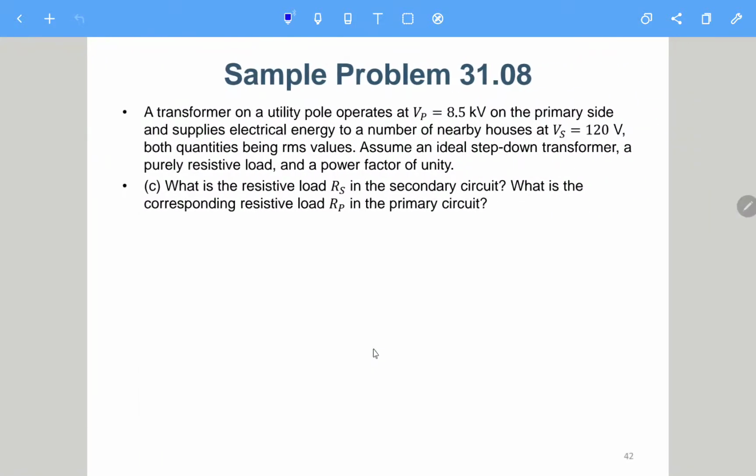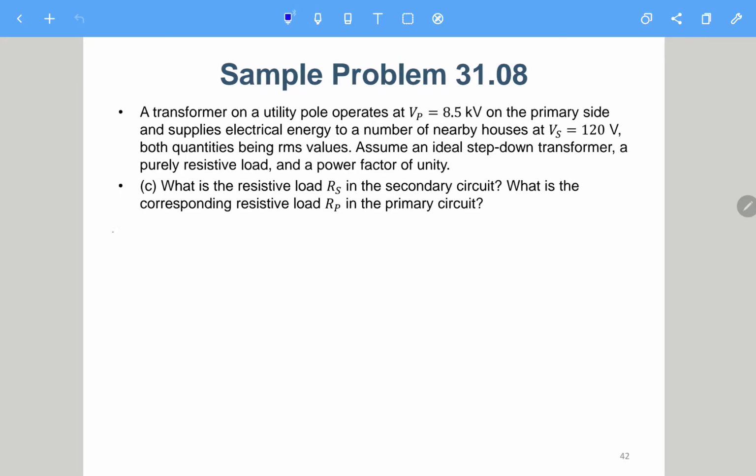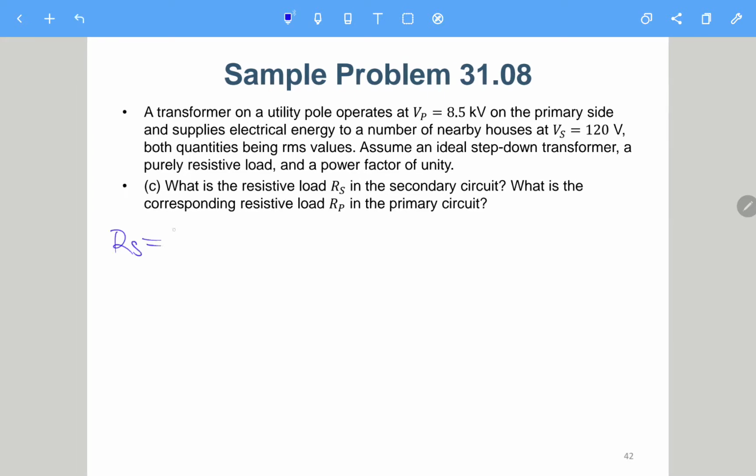And then finally, it asks what is the resistive load Rs in the secondary coil and what is the corresponding resistive load Rp in the primary coil. So Rs is Vs over Is, which is 120 over 650, which is 0.18 ohm.